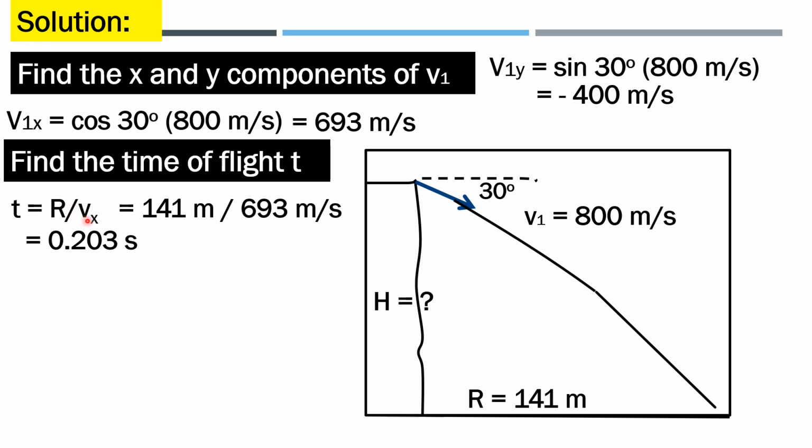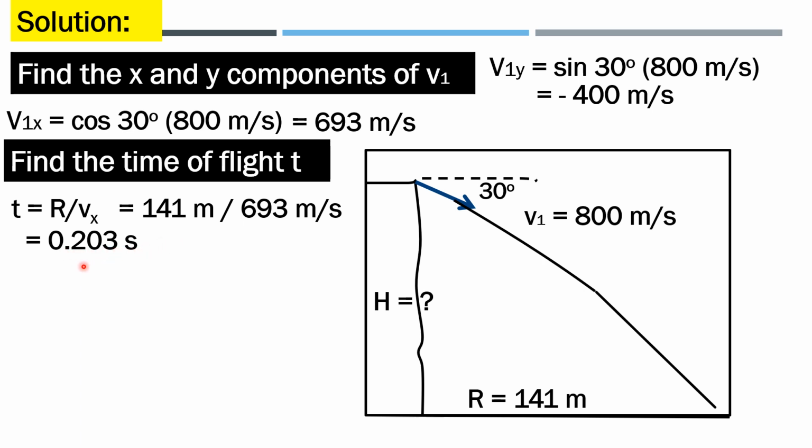All right, so we just divide 141 meters, because that's the value of the range, by the x component of the velocity, 693 meters per second. And what we get is a value of the time of flight equals 0.203 second, okay?